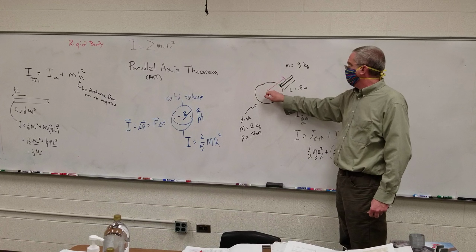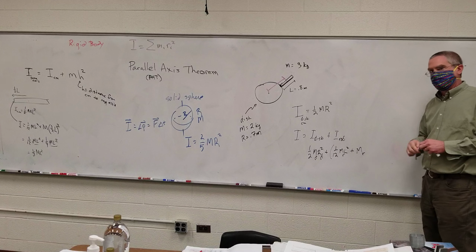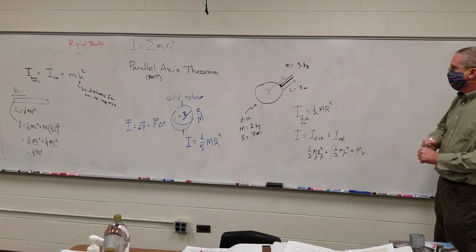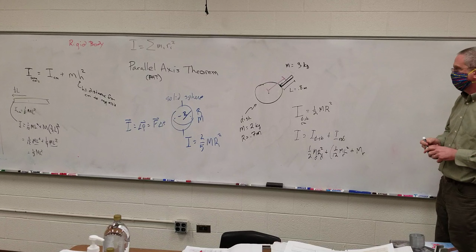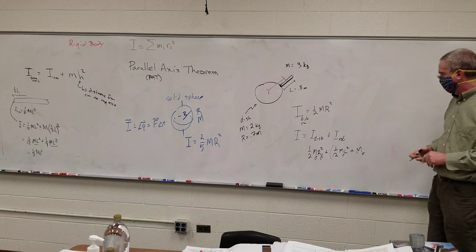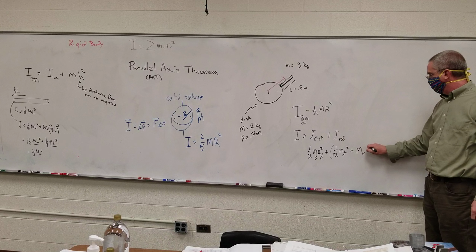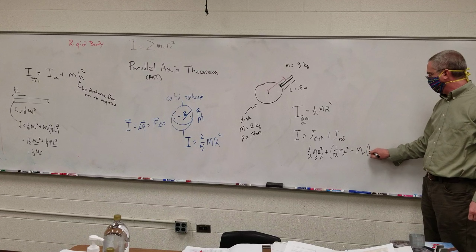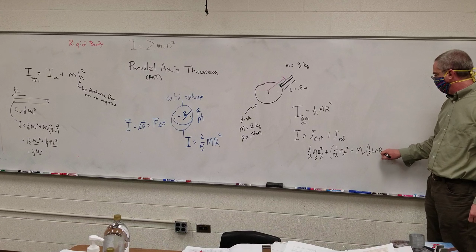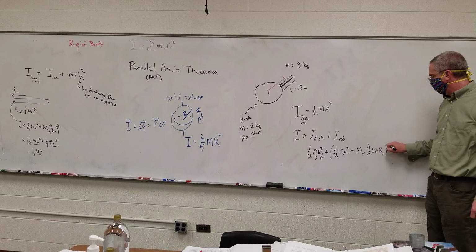I need to know that distance. 1/2 of 0.8 and 1/2 of 0.7? No, 1/2 of 0.8 and then plus 0.7. Oh, yes, thank you. So it'd be 1.1 meters. So this would be half the length of the rod plus the radius of the disc, squared.